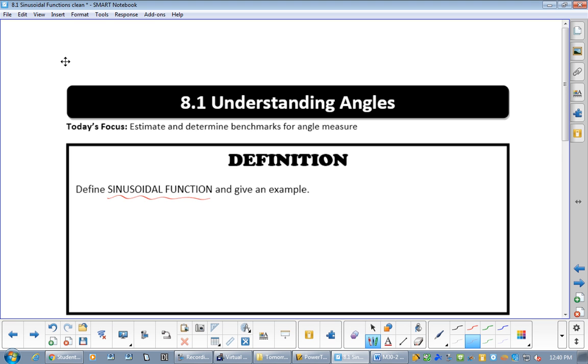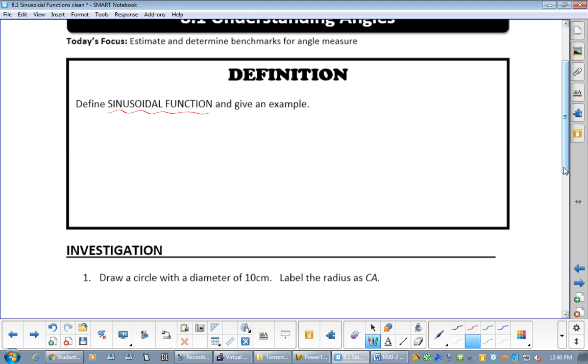Now, the first thing you have to know is what a sinusoidal function is. The biggest mistake students make is they think that that's about a sine graph. And it's not true. A sinusoidal function is a cos graph, could be a tan graph. Now, we're not going to learn tan graphs, but we're going to learn sine and cos graphs, and you're going to see that 90% of it is the sine graph.